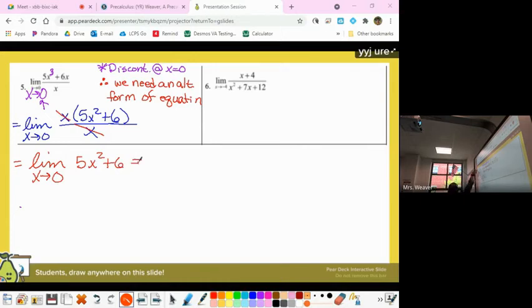5x squared plus 6 is not the same function as 5x cubed plus 6x, but they are going to approach the same value as you approach 0. The original function would be undefined at 0, but this function would be defined at 0. Okay, so let's substitute in and see what it would be.